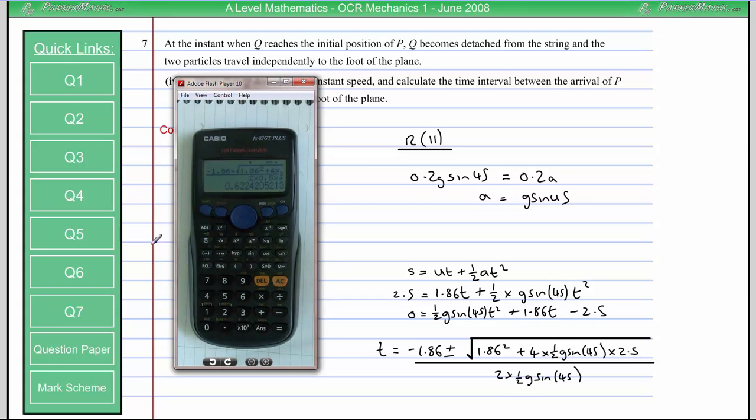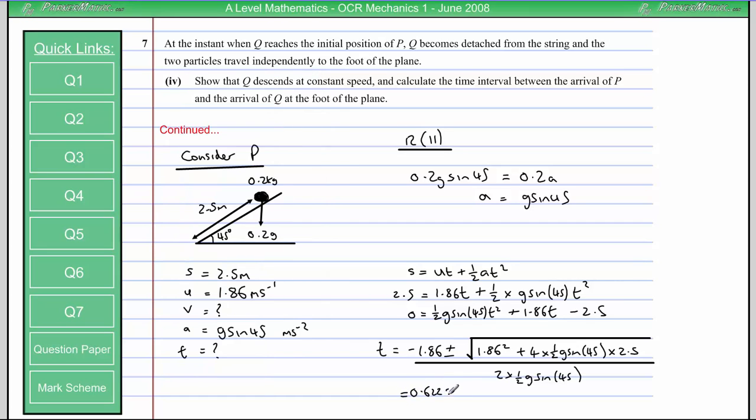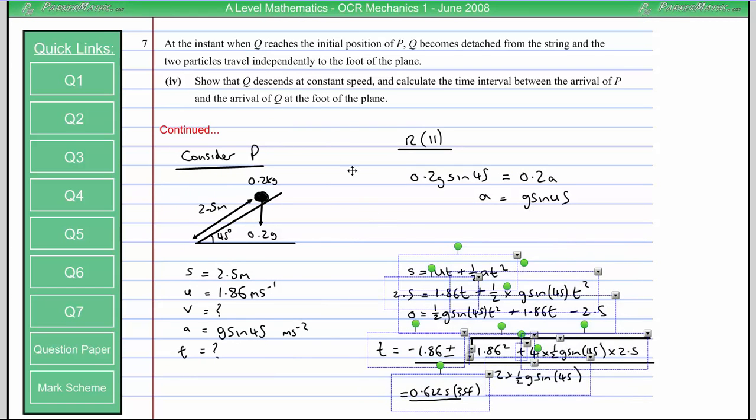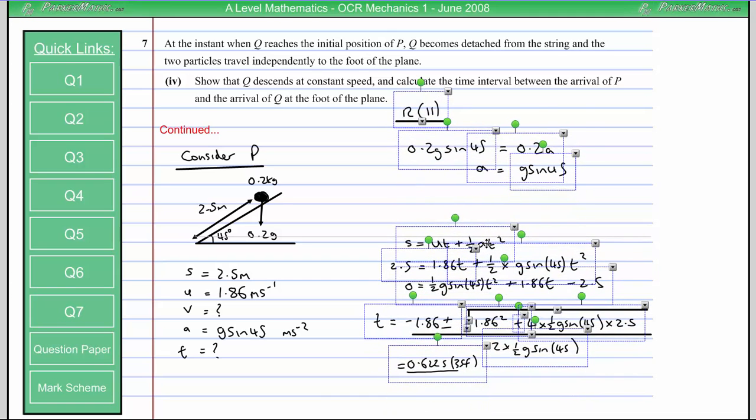And we get 0.622 to 3 significant figures. Now when you're doing a long calculation like this, it's probably a good idea to check your answer more than once on your calculator.